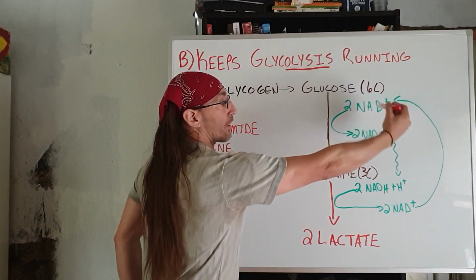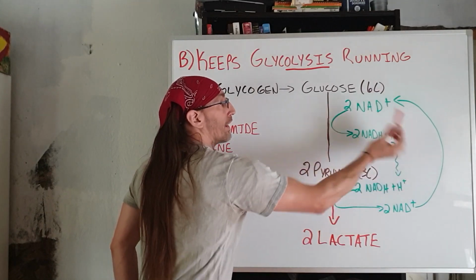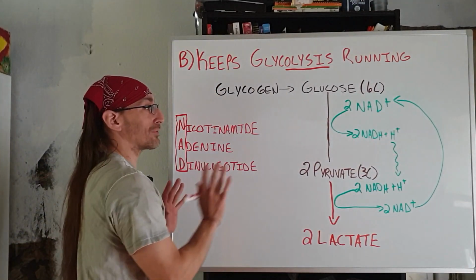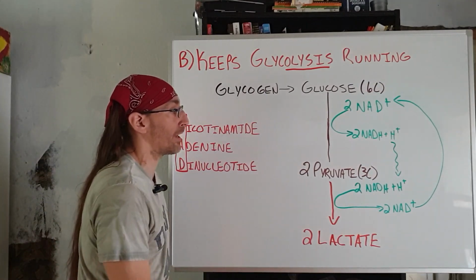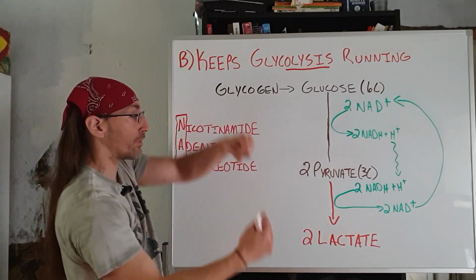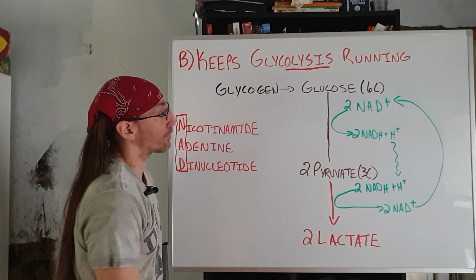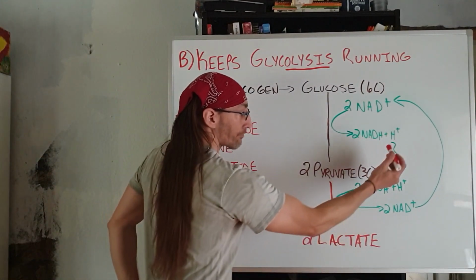But that 2 NADH and an H plus are going to get released into the environment, floating around in this kind of soup, your cytoplasm, or more appropriately, your sarcoplasm.